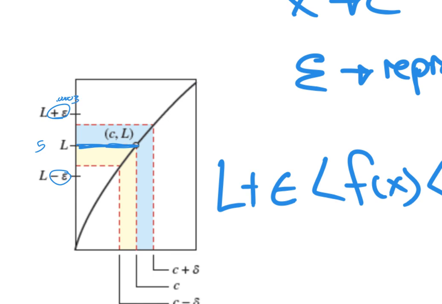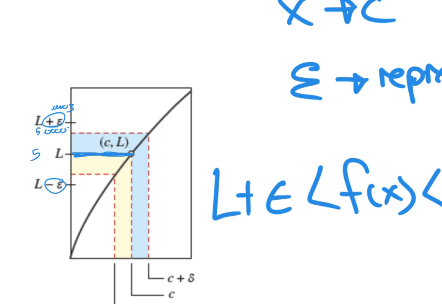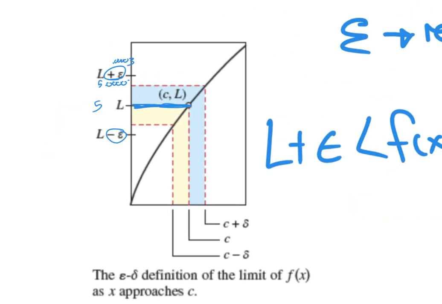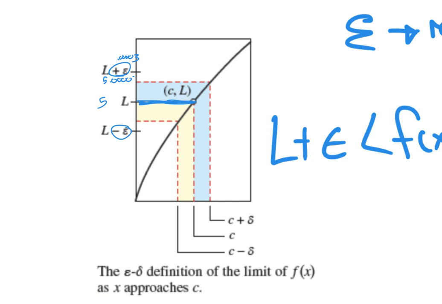That means I can get between 5.00003 and, no, that's my problem, sorry, 4.99997.